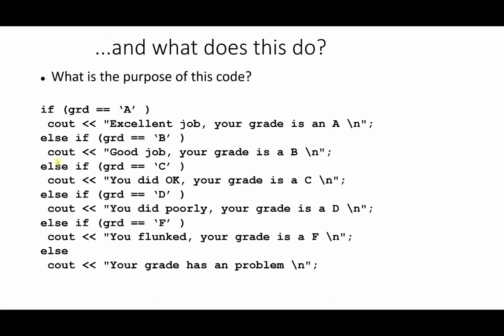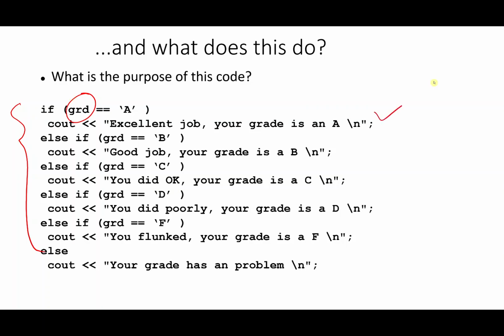Now, what does this code do? Pretty much you have seen that before in the previous slides, but that wasn't a character. That was a number, and we tried 95, right? So now this is going to check the characters. If your character is A, you're going to print this.